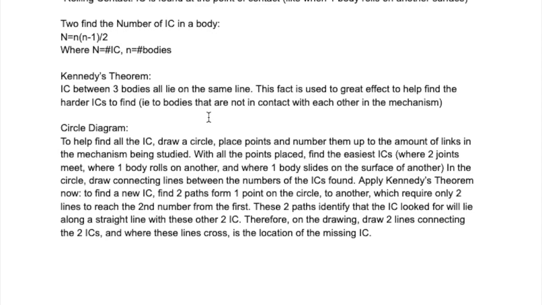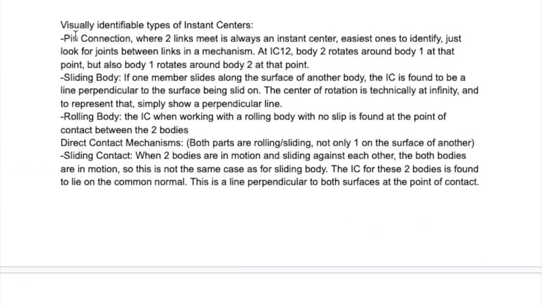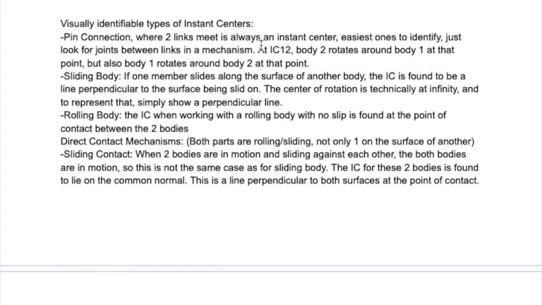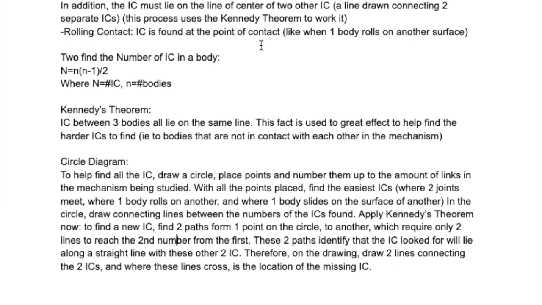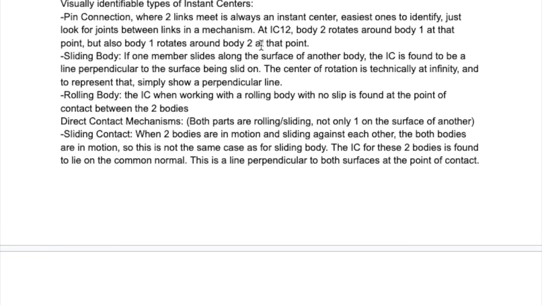Since you've already found all of your easily visually identifiable instance centers, remember pin, sliding, rolling, direct contact, you're going to mark them as a line. If you have a pin connection, it's between 2 links, right? It has to be.